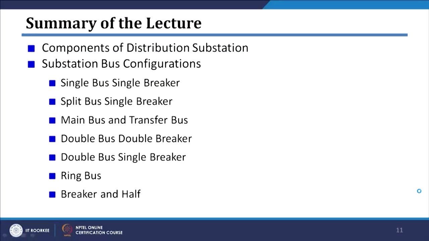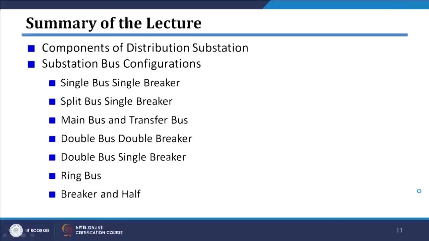So, in this particular lecture, we have started with distribution substations, where we have seen the components of distribution substations. Then we have seen various bus bar configurations or bus bar layouts of distribution substations, and we have seen that the following 7 configurations are normally used for substations: the single bus, single breaker arrangement, which is less costly, however reliability is very low, and then to improve the reliability you need to use other configurations.